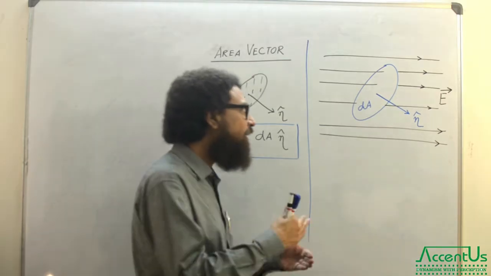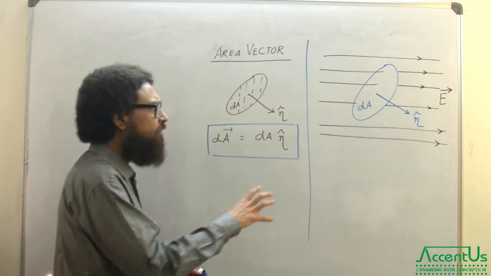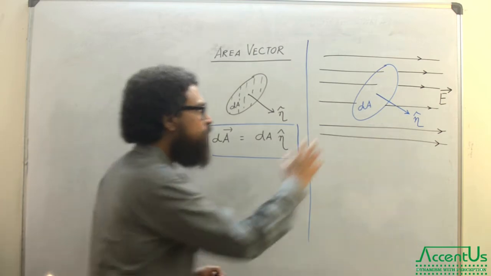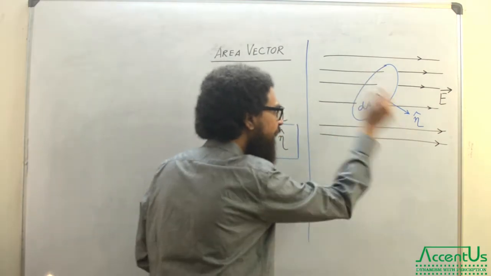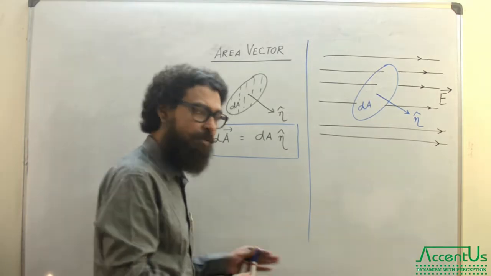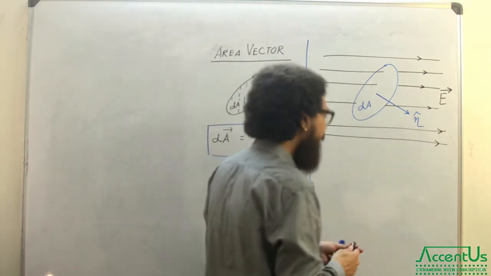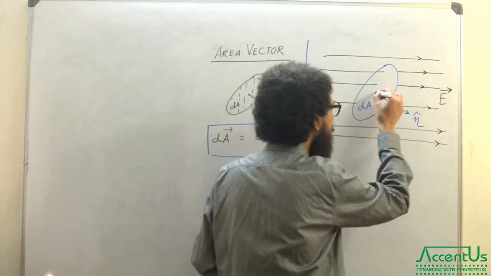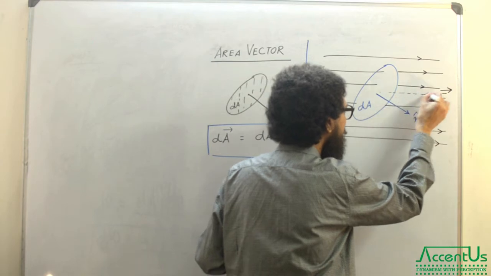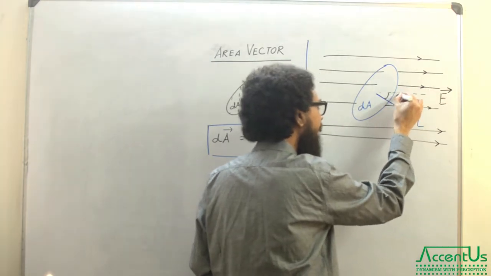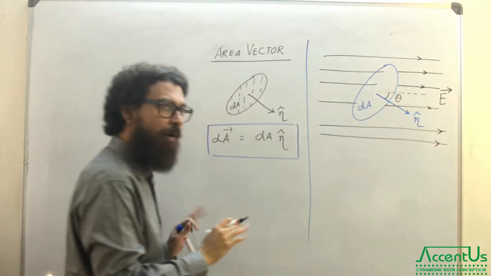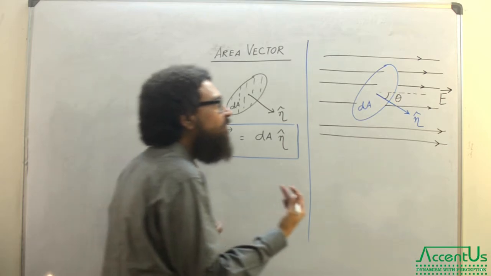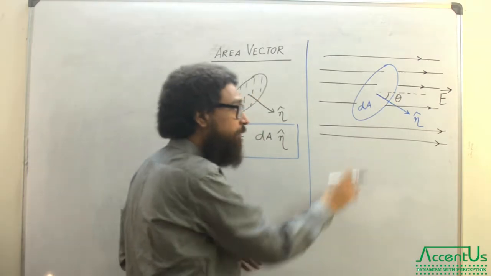So in order to quantify, we have to choose a source. We have to choose an area. You see, we have a unit vector associated with the area, and since the direction of the electric field is like this, we can say the electric field vector is like this. It is making a certain angle, say theta. So what is electric flux? Draw this diagram in your classroom.